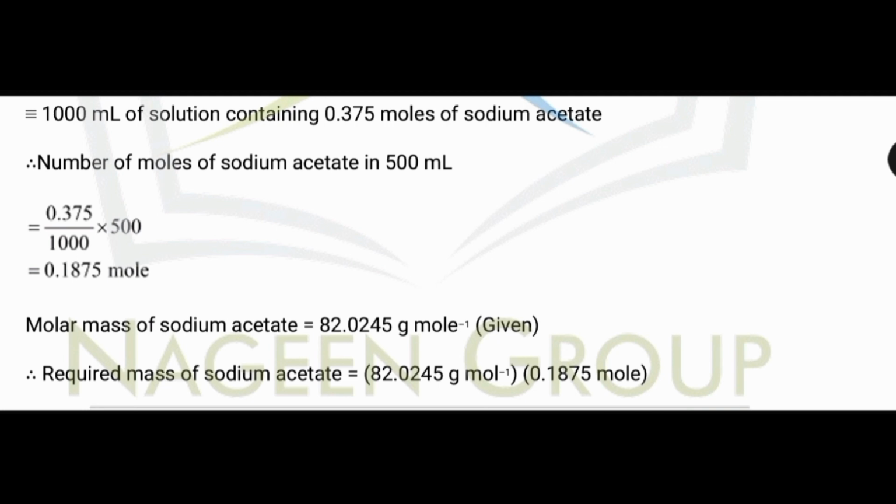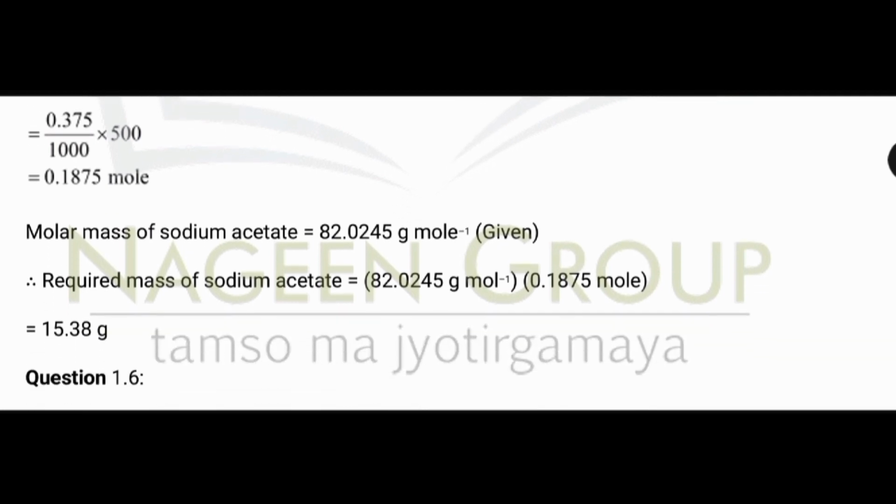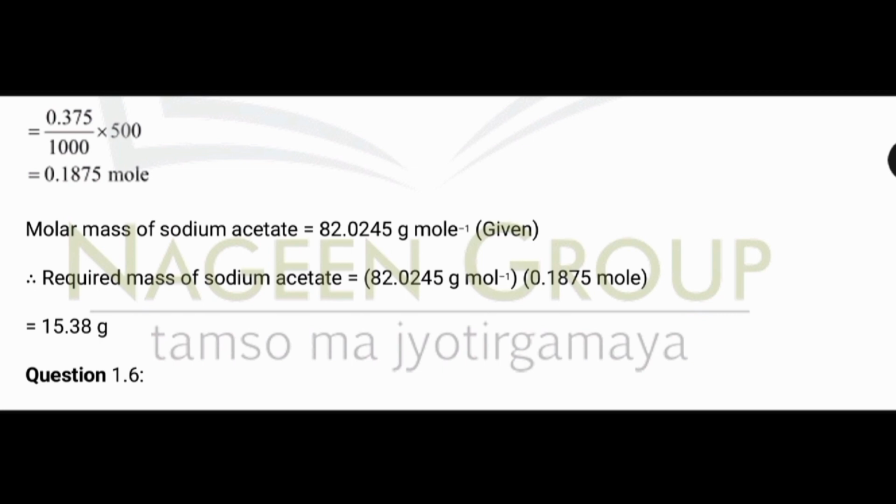So अब मुझे क्या पता चल गया बच्चे? मोल्स। अगर मैं इन्हीं मोल्स को उसके मोलर मास से मल्टीप्लाई कर दूं, मोल वेट को कैलकुलेट करने के लिए, तो आपको क्या निकल के आ जाएगा? गिवन वेट। So here 82 is the molar mass of sodium acetate and 0.1875 is the moles. So by multiplying the moles with the molar mass, we can calculate the given weight.